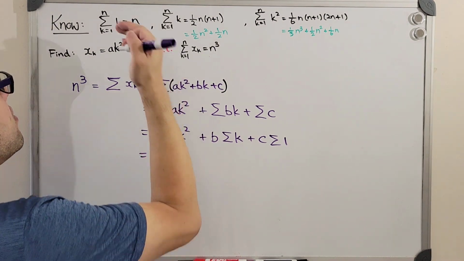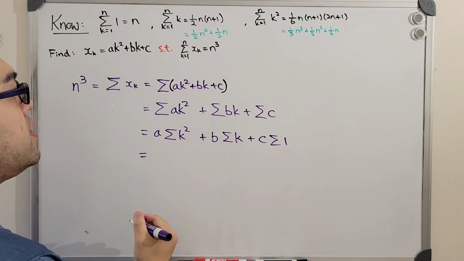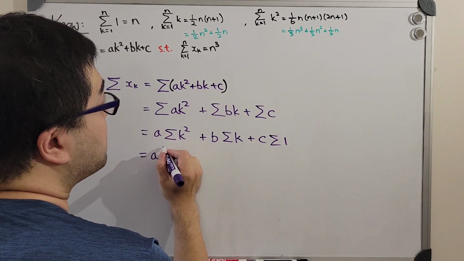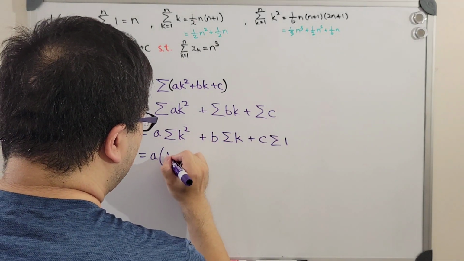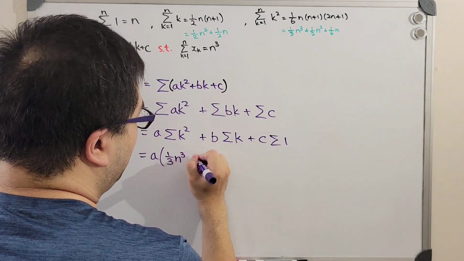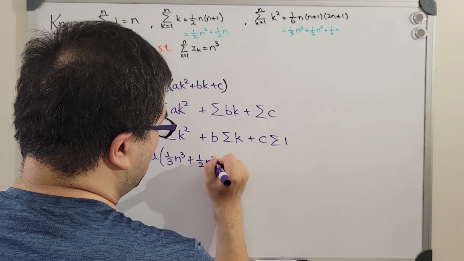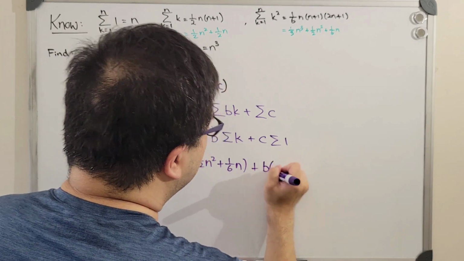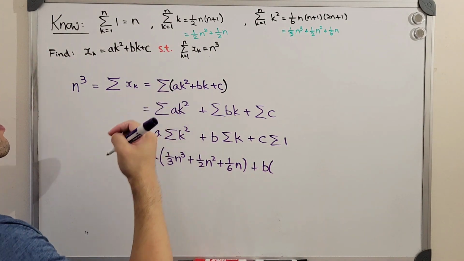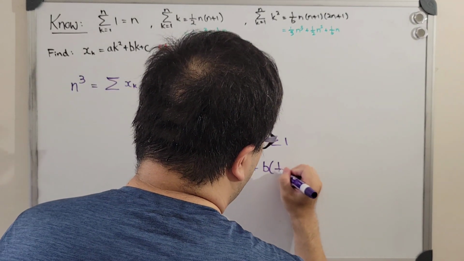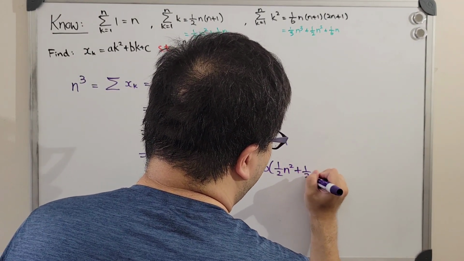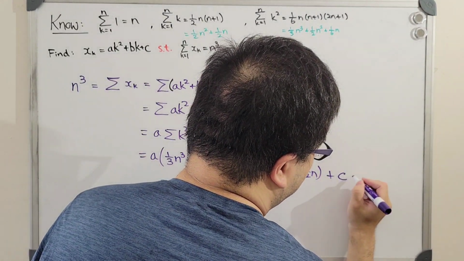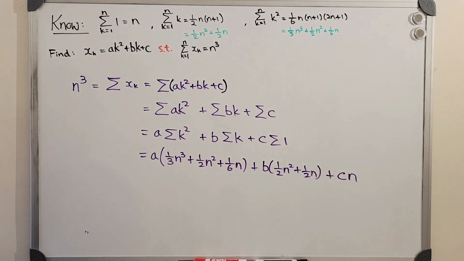So we can now use the known facts and substitute in to get a times this big sum here, 1/3 n to the third power plus 1/2 n squared plus 1/6 n, plus the second term b times the sum of the natural numbers, which is 1/2 n squared plus 1/2 n, plus c times the sum of the first n terms of 1, which is just n itself.